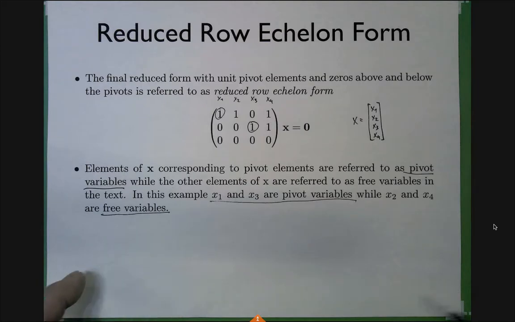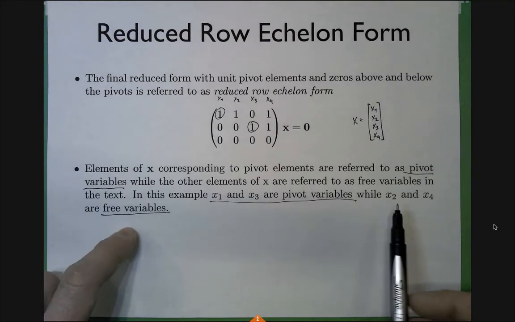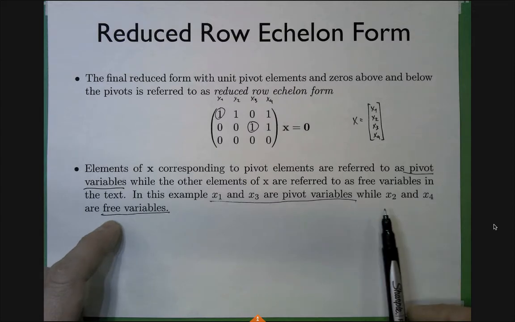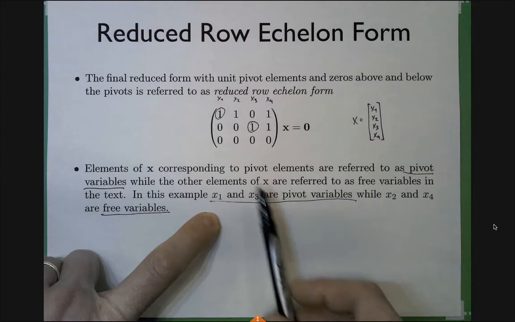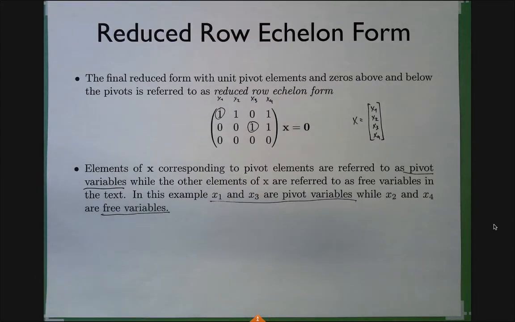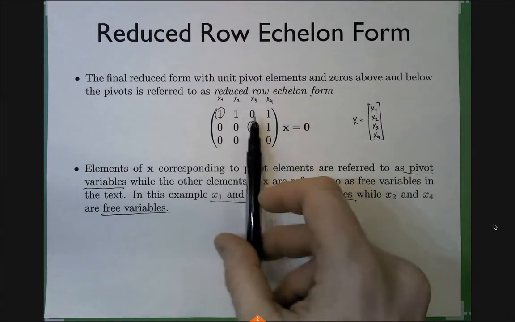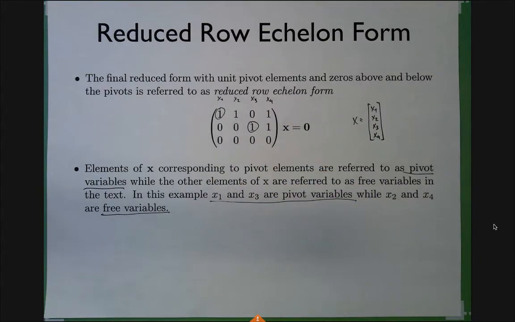So the free variables are called free variables because I can choose x2 and x4 arbitrarily and compute x1 and x3 such that the system of linear equations is satisfied. So pick your favorite x2 and x4, like 17, 5, or whatever, and I can always compute x1 and x3 such that all these equations will be satisfied, and therefore the original system, because all the transformations we're making just create an equivalent system of linear equations.